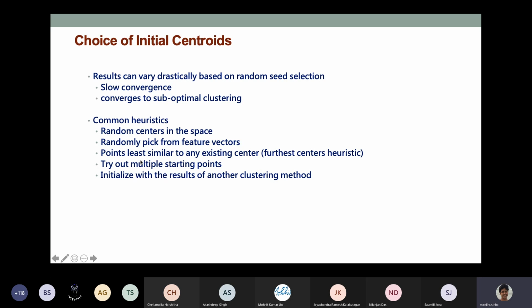Third is what is also called the farthest centers heuristic. We pick random centers, then we also pick points as centers which are least similar to any existing centers. Say I pick the first center randomly, but the second center I assign as the point in my data which is farthest from the first center.